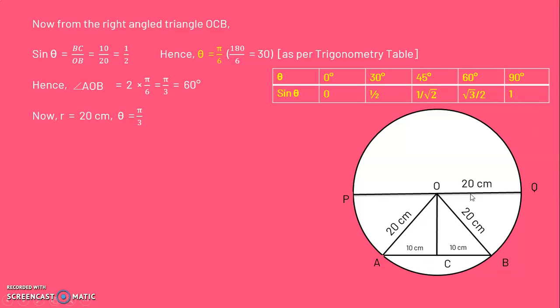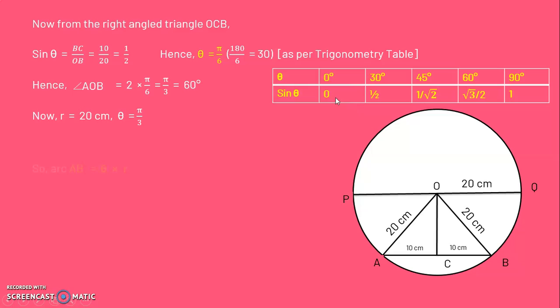And in this triangle, theta is at point O. So sine theta will be opposite by hypotenuse, which is BC divided by OB. So the answer will be 10 divided by 20, which is 1 by 2. Hence, if you refer to the trigonometry table, 1 by 2 is for sine 30 degree. So theta is equal to 30 degree, which is pi by 6.